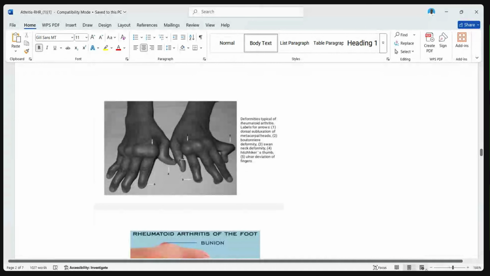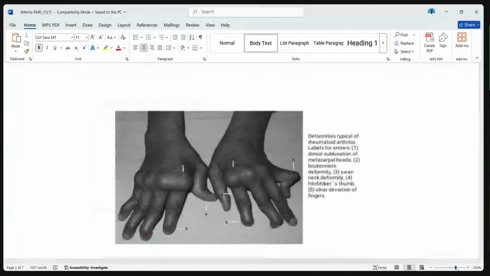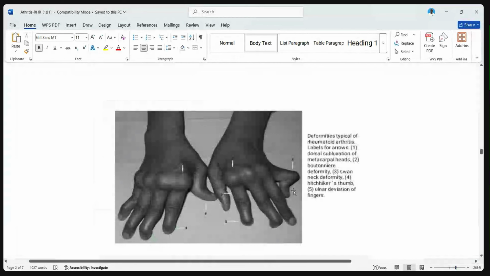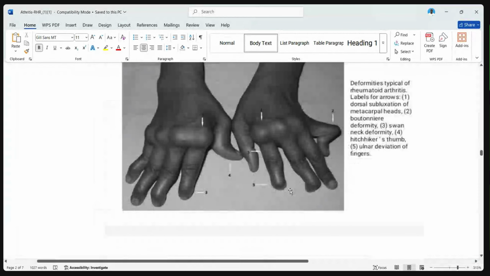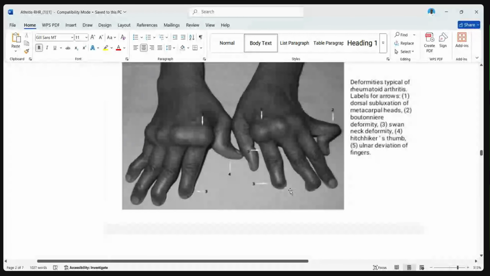So a picture on my slide is one of rheumatoid arthritis. Of course, you can see the presentation in chronic arthritis for more than 20 years. And you can see there's inflammation, and this is actually presenting with a lot of pain.